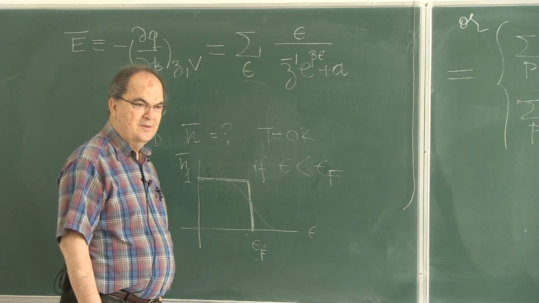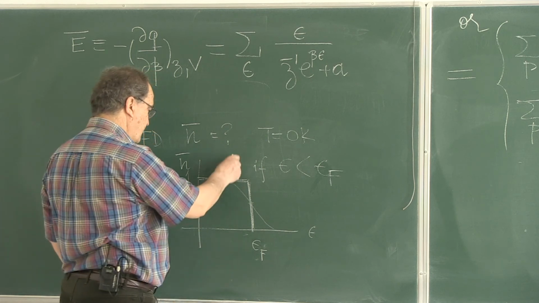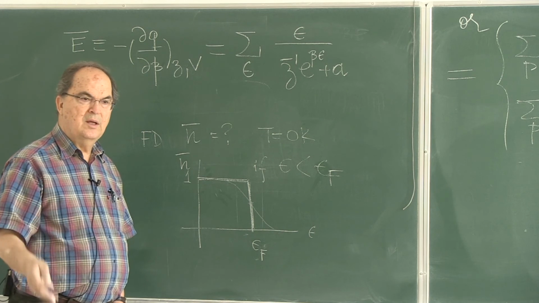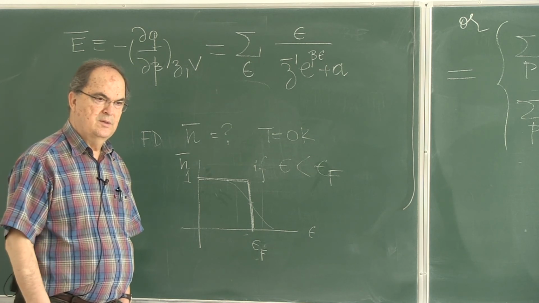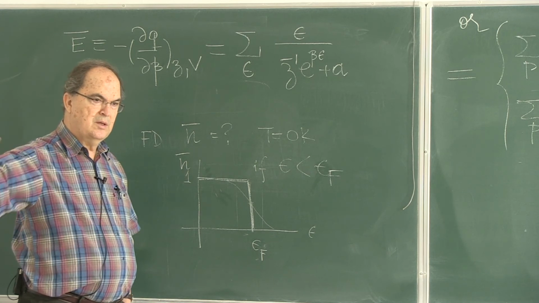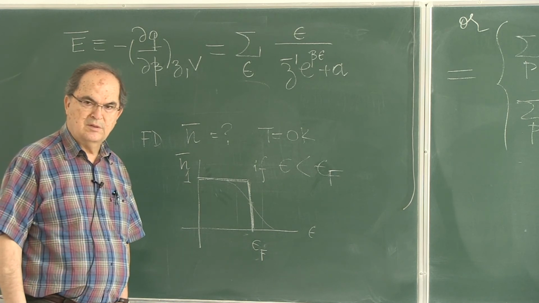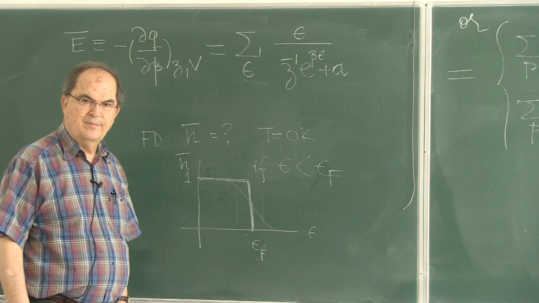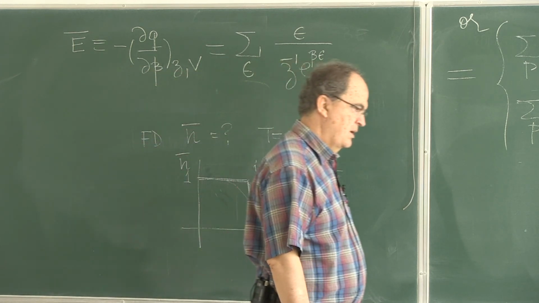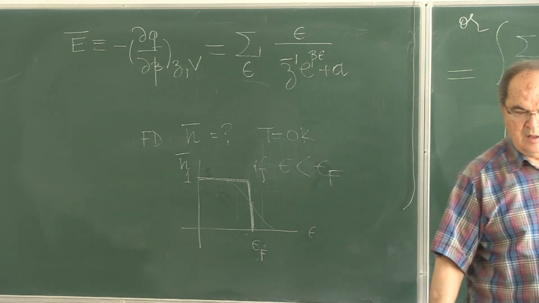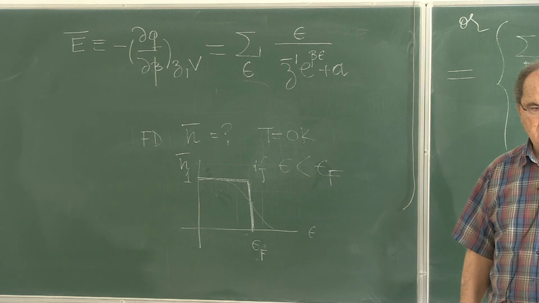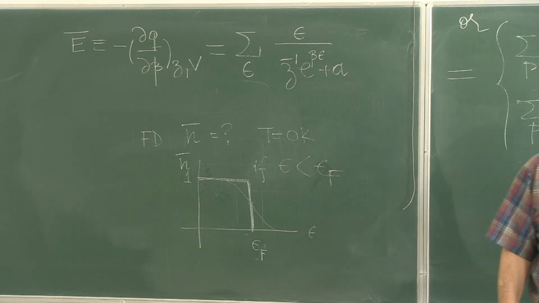This range is of the order of k_B T, thermal energy. So you are giving thermal energy to the particles, they are making transitions to empty states. You should really understand this behavior of the Fermi-Dirac distribution function.